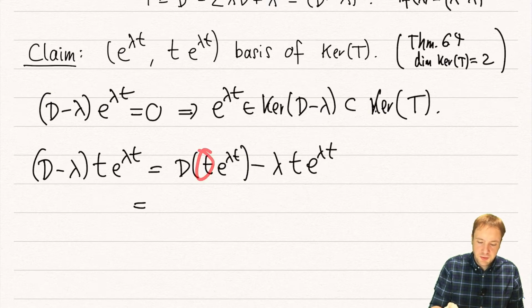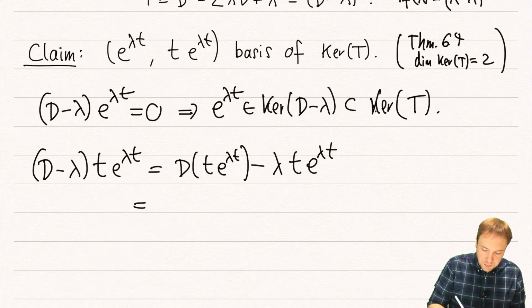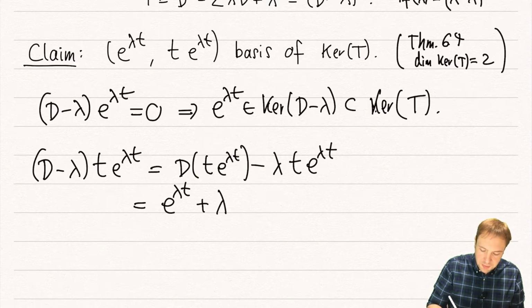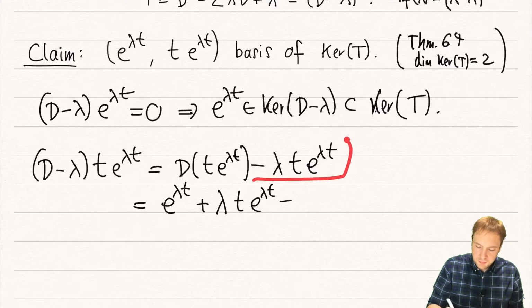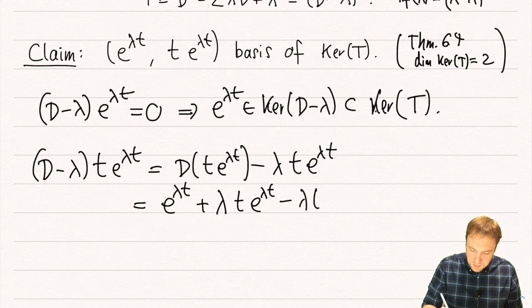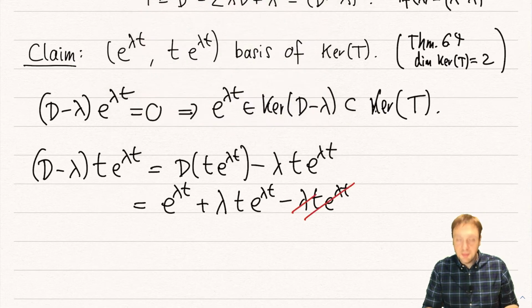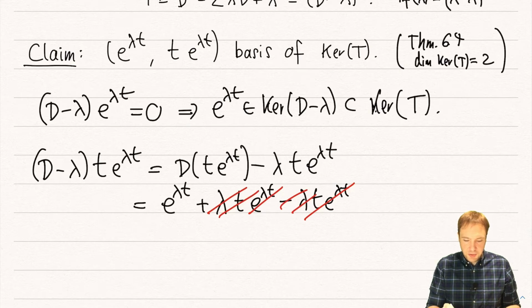The derivative of t is just 1, so we get e to the lambda t plus, and the derivative of e to the lambda t is lambda times e to the lambda t, which multiplied with t gives lambda times t e to the lambda t, minus still this e to the lambda t. And here we see that this cancels out, and we just have this e to the lambda t in the end.